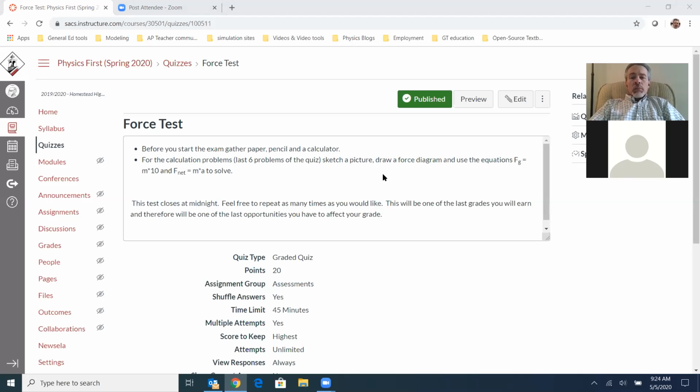The last 6 problems, you're going to have to do some calculations, and you'll want to write these equations down on your paper too: Fg equals m times 10, and F net equals m times a. There are 20 questions altogether, but the last 6 need calculations. For the other ones, drawing a force diagram or picture might help you a little bit.